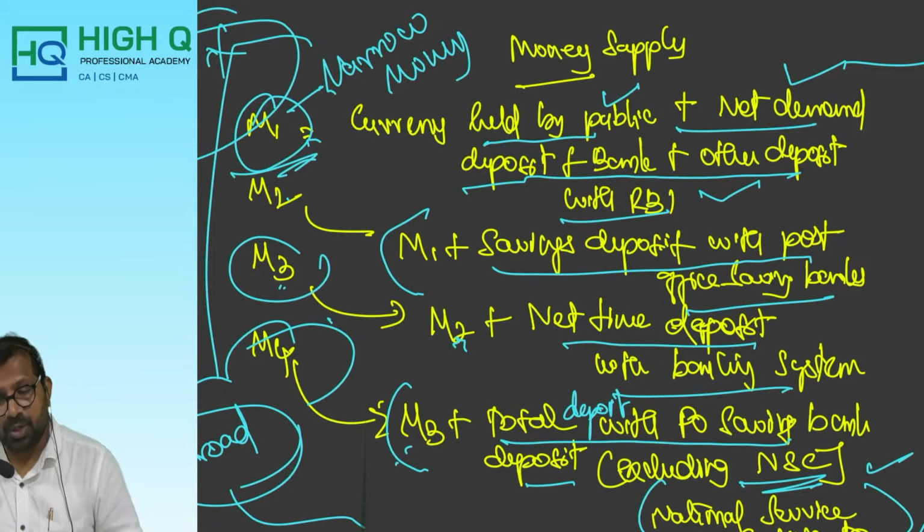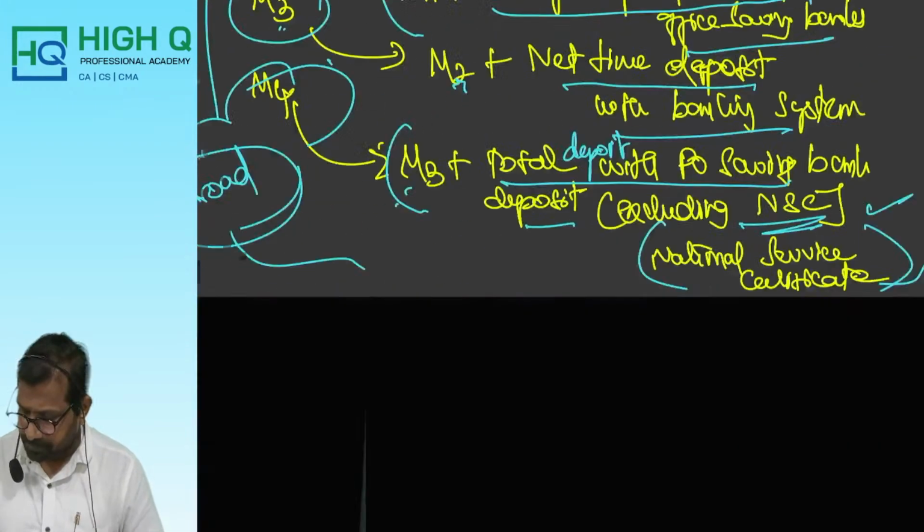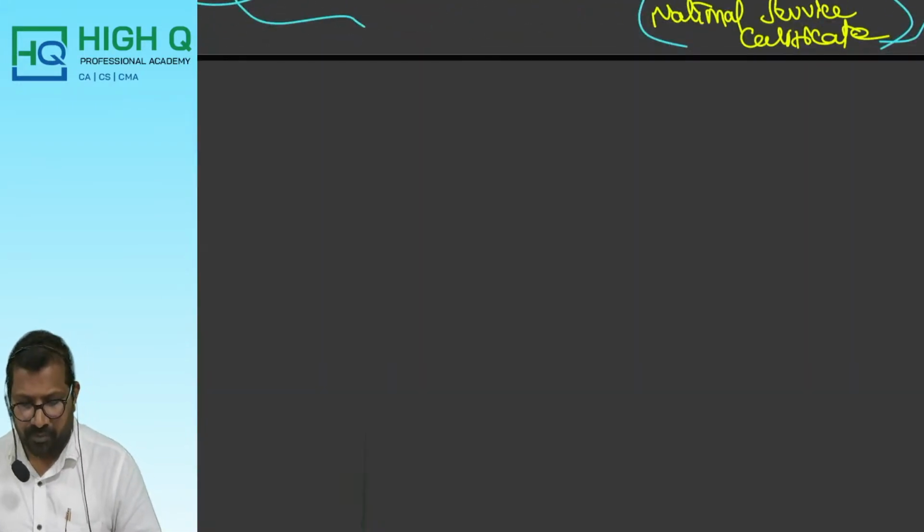Later Fisher's equation, MV equal to PT: M is the total amount of money in circulation, V is the transaction velocity of circulation, P is the average price level, and T is the total number of transactions. These are the very important points for the concept of money.